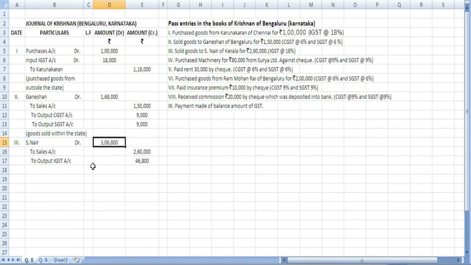We'll write the narration: sold goods outside the state. Next we have number 4.